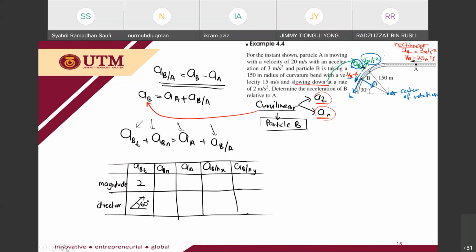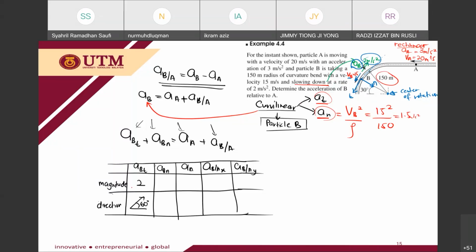Acceleration of B normal is equal to VB squared over rho. VB is given as 15, so 15 squared over 150 meter, which is equal to 1.5 meter per second squared.